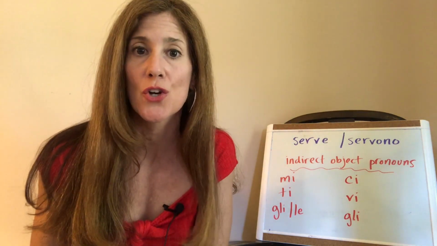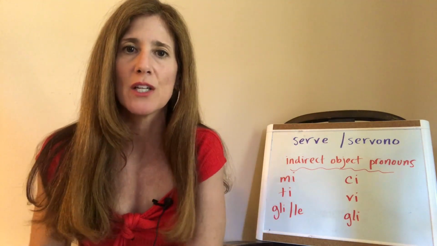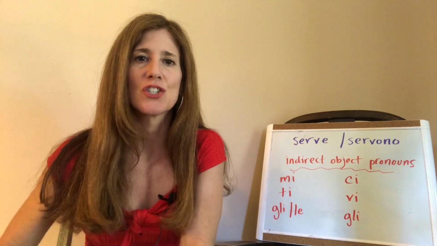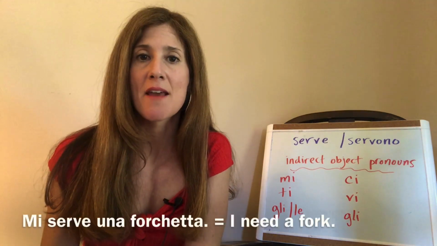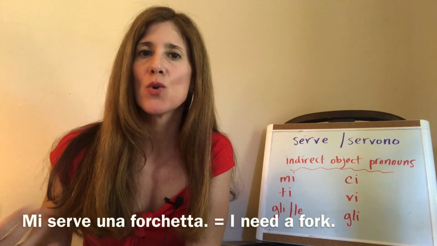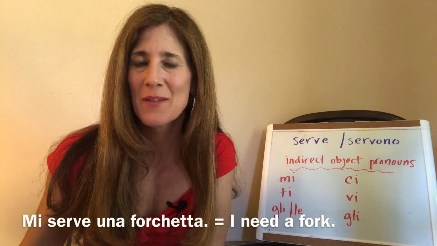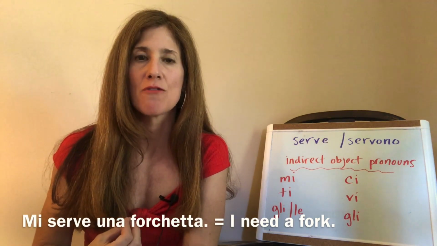So say you're in a restaurant and you sit down and you don't have a fork and you need a fork to eat your delicious pasta, okay? You would say mi serve una forchetta. Mi serve una forchetta. Okay? And what it translates to is I need a fork.